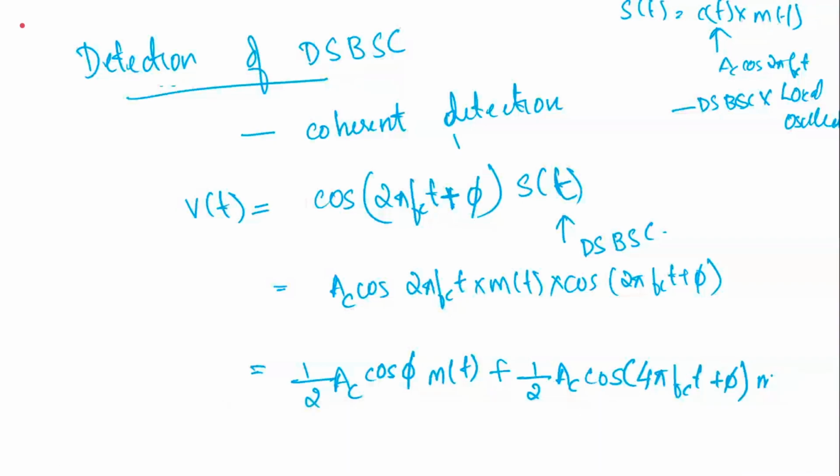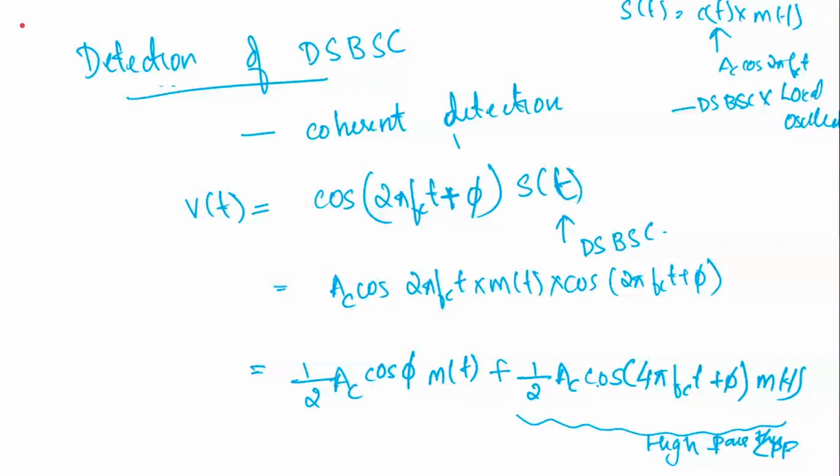When I expand the multiplication directly, I get this term. These are high frequency components. I pass through the LPF, I can get all these removed and I will have only this component.